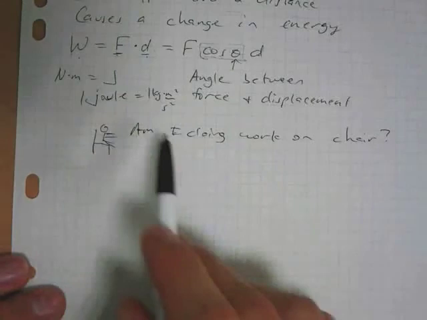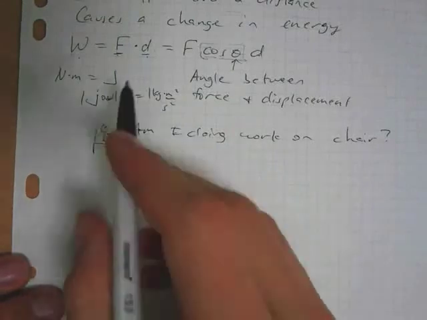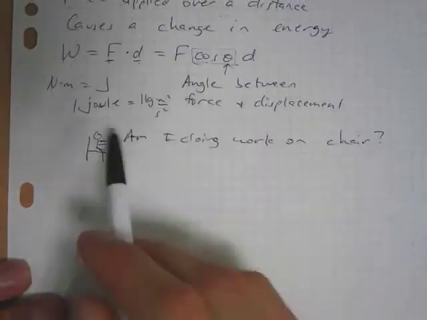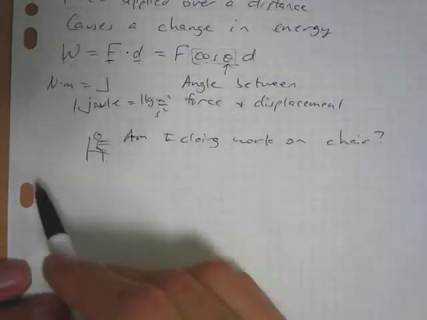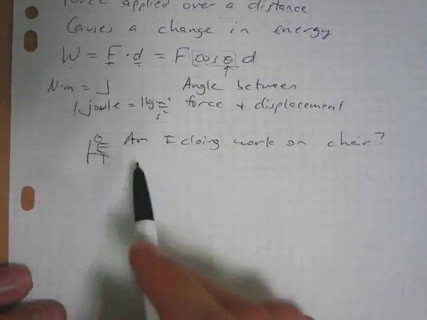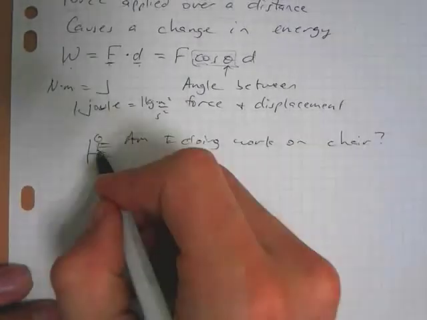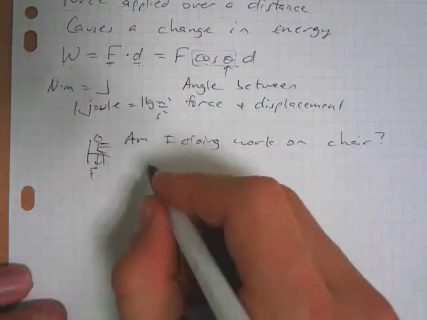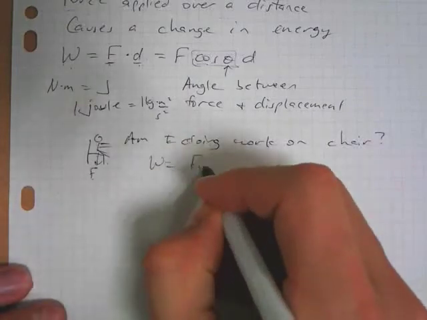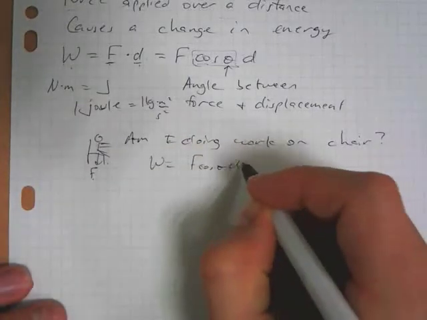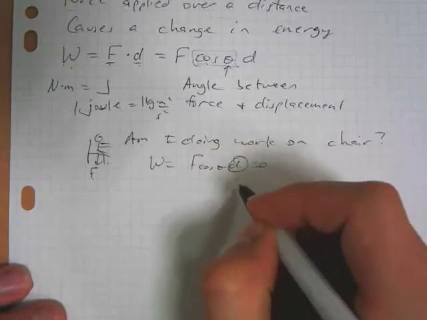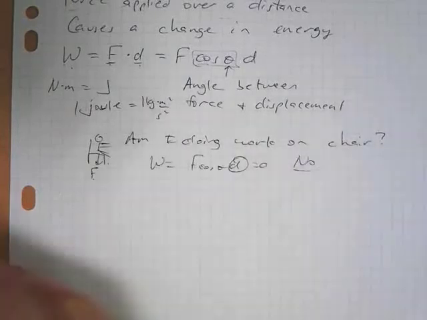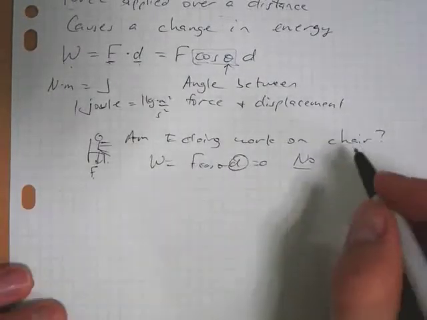We know I'm exerting a force on the chair. There's a gravitational force acting downward on me, and because of that, I am exerting a normal force downward on the chair. But we know work is F cos theta times d, and d is 0. The chair is not being displaced, so I am not doing work on the chair. 0 work is being done.